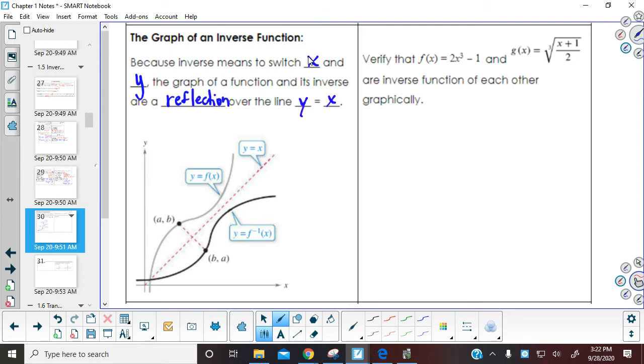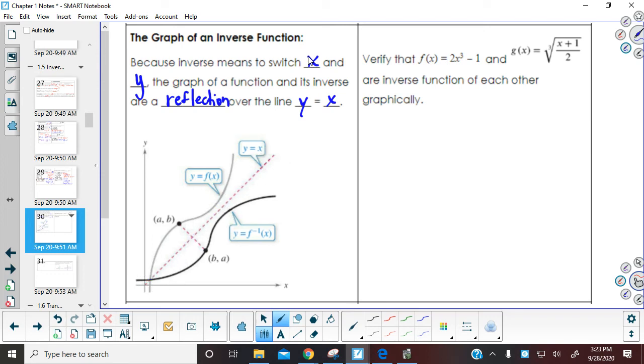Okay, so if you notice this picture, any point that you pick on your original function, when you reflect it over that y equals x, all you're doing is swapping out your x and y values. So in other words, that x equals y line, this dotted line you see here, becomes a line of reflection or a line of symmetry between your original function and your inverse function.